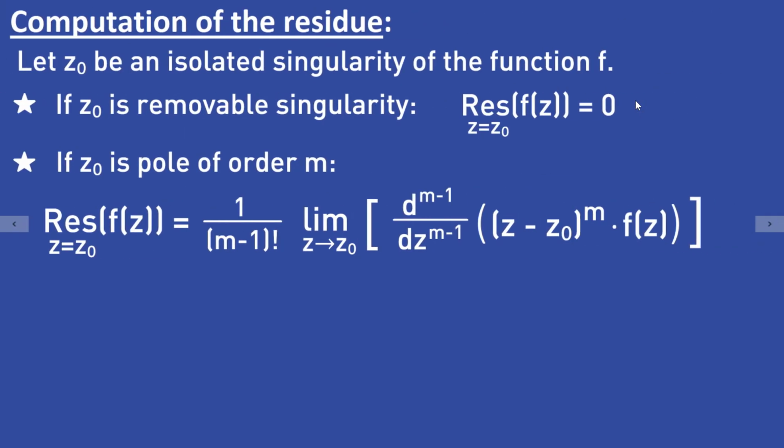If z_0 is a pole of order m, there is a formula to calculate the residue of f at the pole z_0.